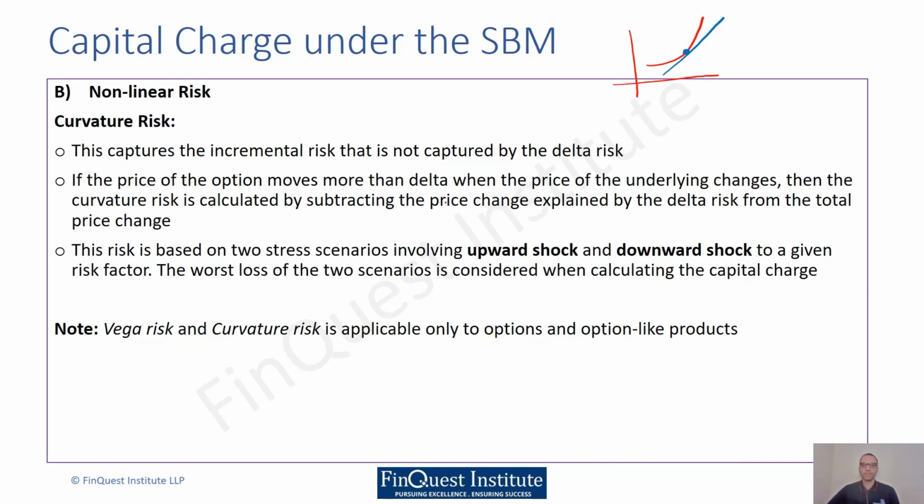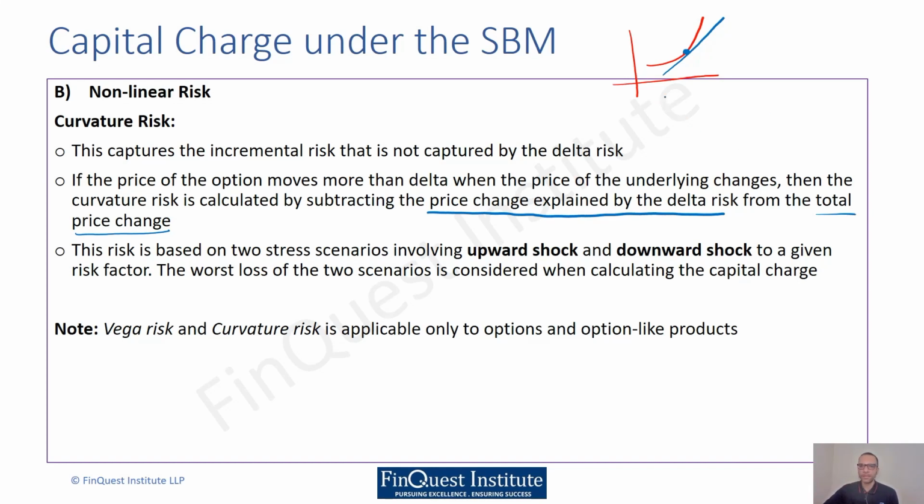So it says you can calculate this by taking a difference between the price change explained by the delta risk from the total price change. So the easy way to do that is to compute how much is the impact in the price change which is explained by the delta risk, and you compare that with the overall or total change in the price which has happened, and we simply take a subtraction. So you can imagine it's like that residual component, isn't it?